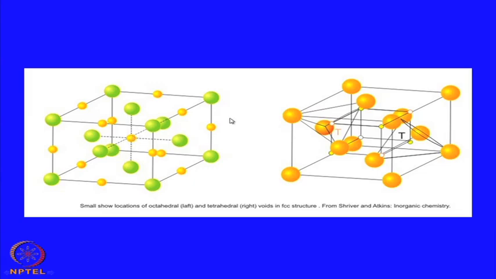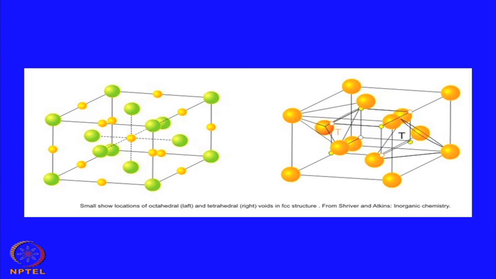So, 1 plus 3, once again it is 4. So, there are 4 actual atoms occupying the sites and there are 4 octahedral interstitial sites within that unit cell, within that structure. So, there are equal numbers of atoms and octahedral sites.